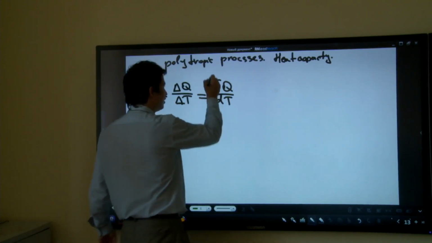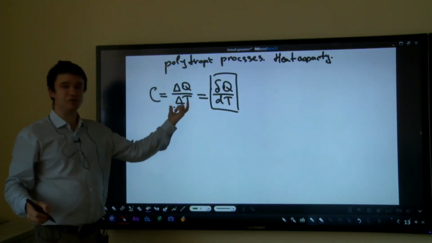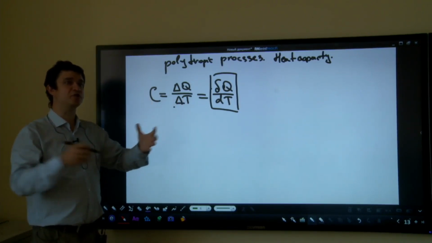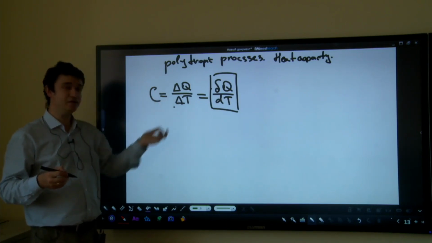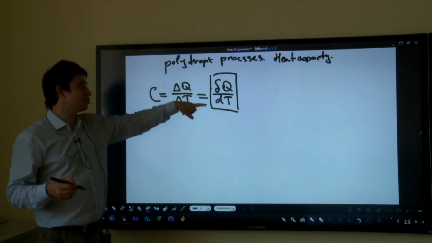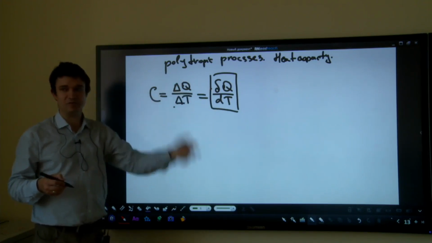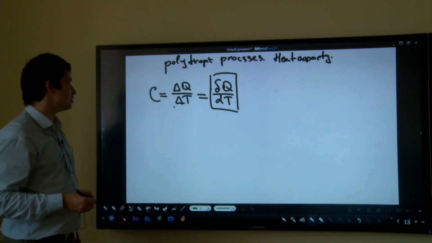This is a more general definition, because the simple one implies that your heat capacity is constant, that there is a proportionality between the amount of heat supplied to the system and the increase of temperature. But actually, it might not be so, and you need to consider a very small element of process in that way. Okay, so this is the heat capacity.